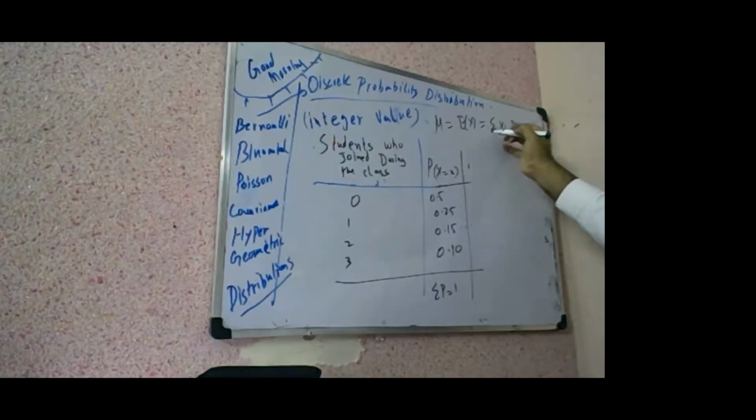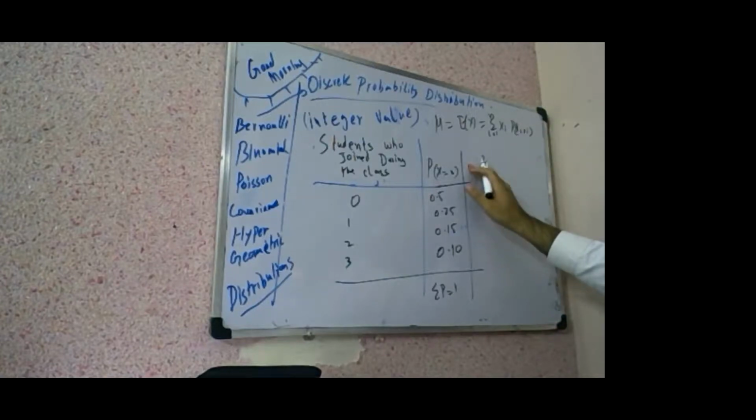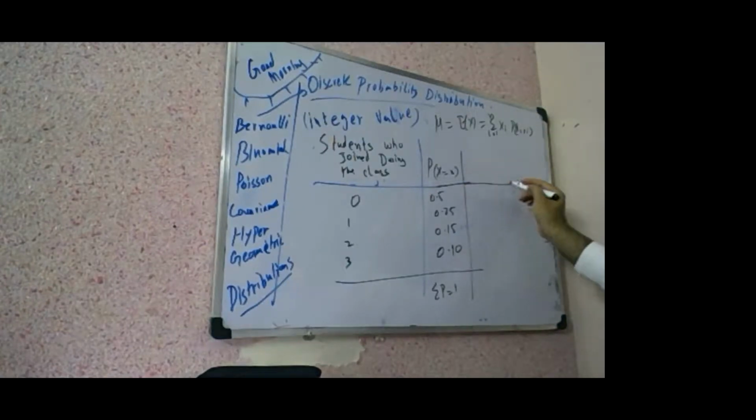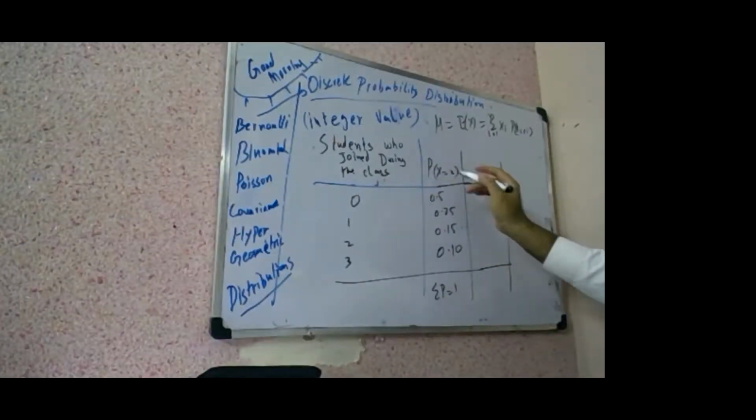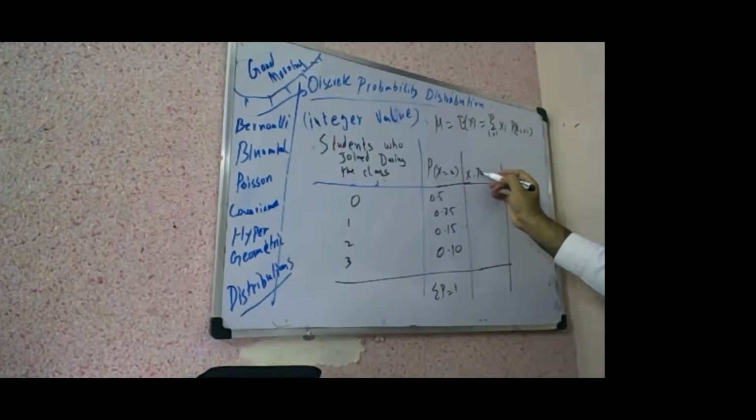This is the general formula from i equal to 1 to n. So what do I need here? I need a column of x and p(x). And then I take the students who joined n times multiplied by their probability.